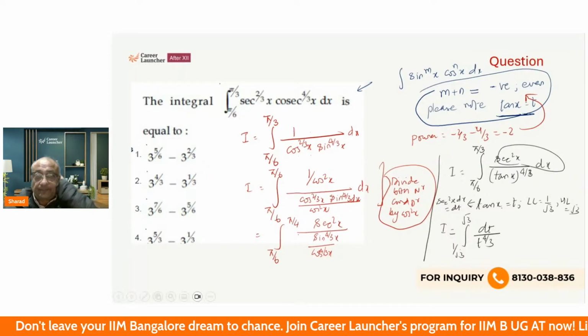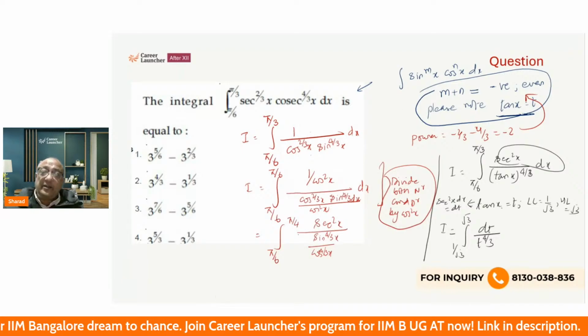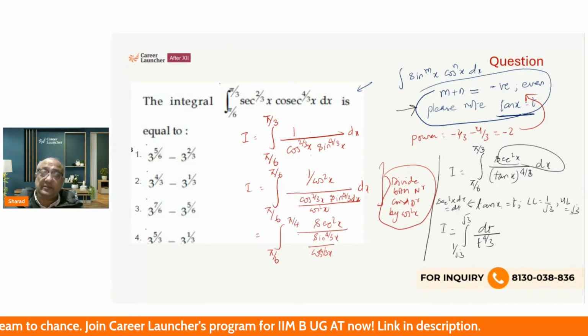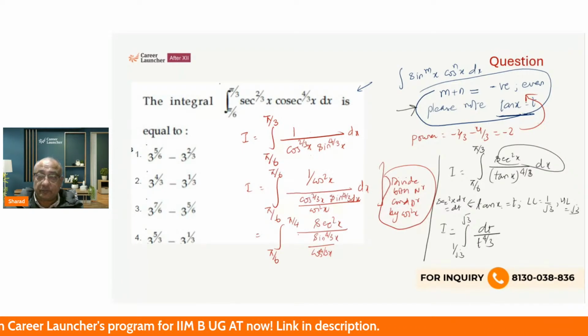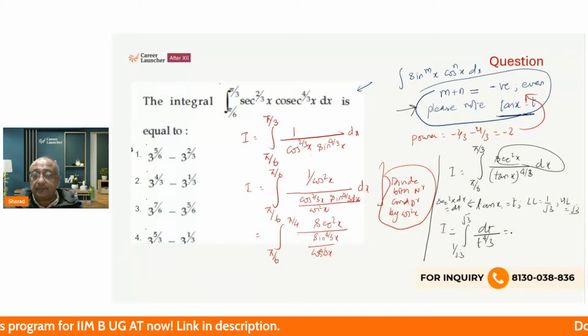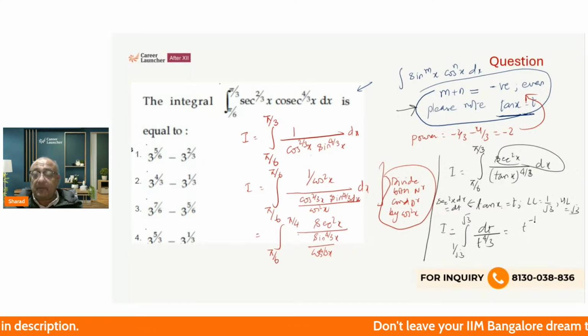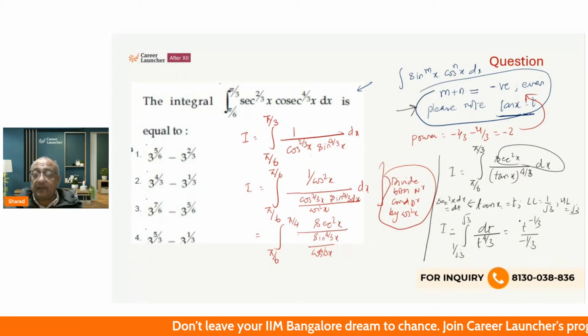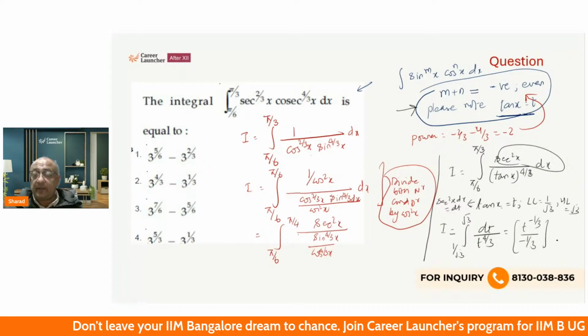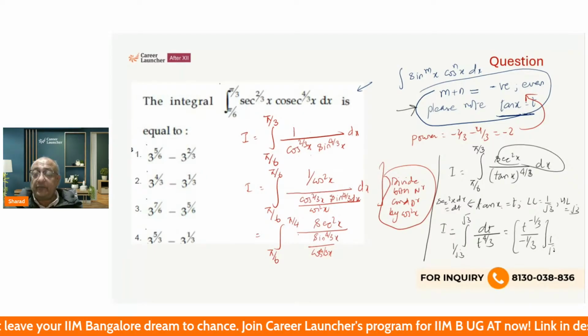Look at this. If I did not know this, I would find this problem very challenging to do. Now, this is a simple problem. This will become t raised to the power minus 1 by 3 upon minus 1 by 3, evaluated from 1 by root 3 to root 3.